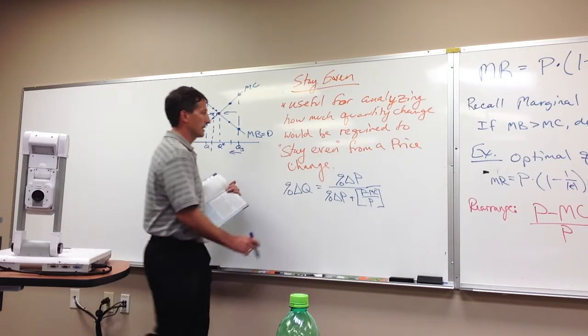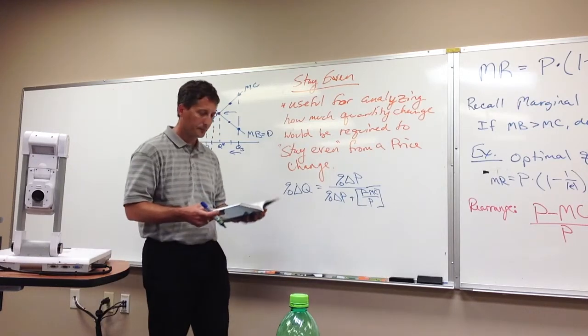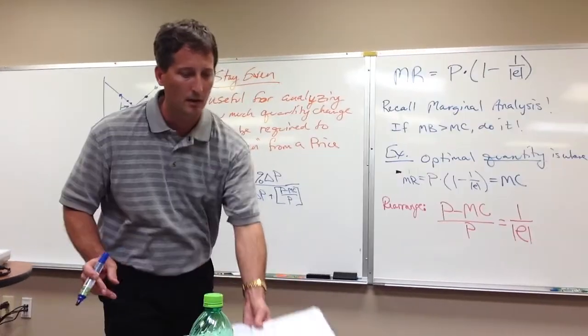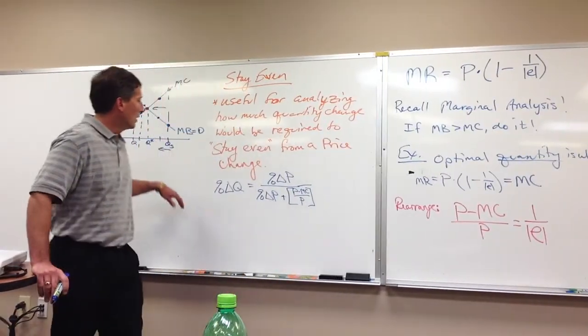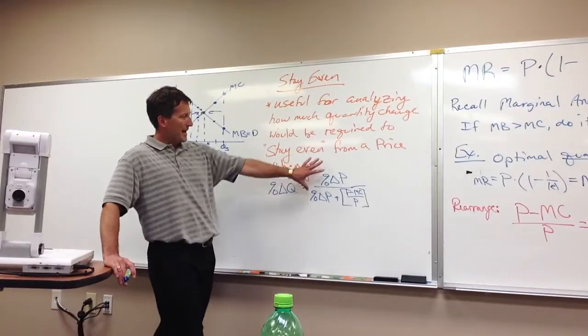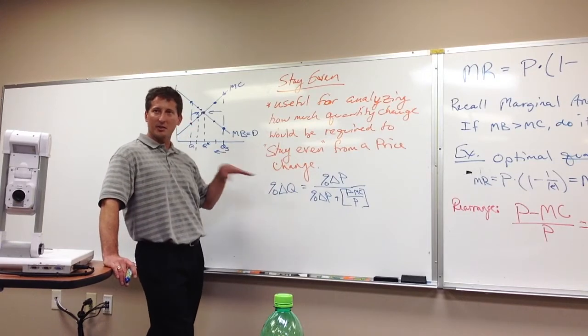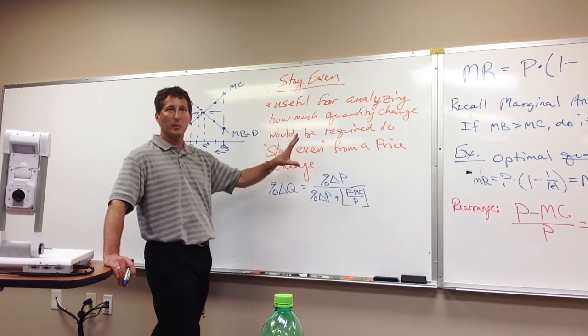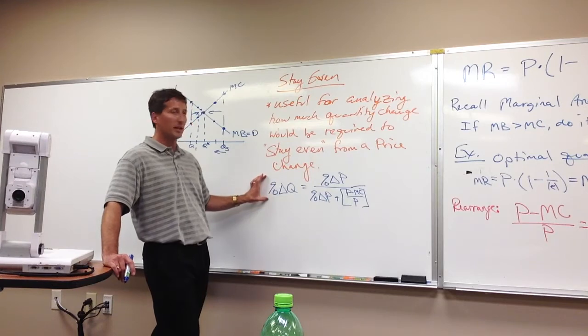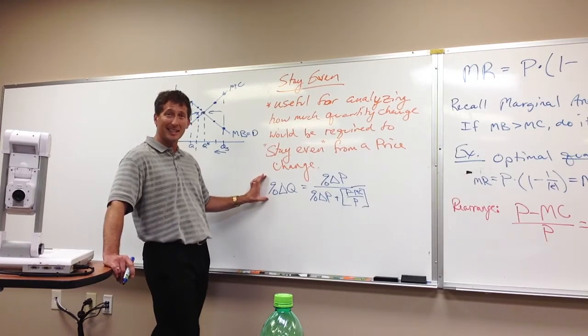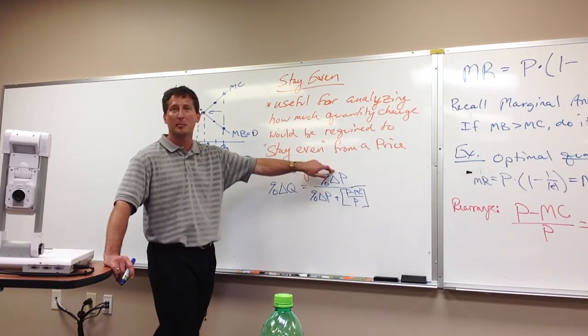So that's kind of it in all its glory. It's not as tough as it looks. It just mathematically comes out this way, you need to increase quantities by at least this much if you do that kind of price change, right?